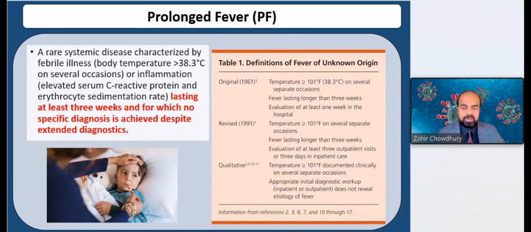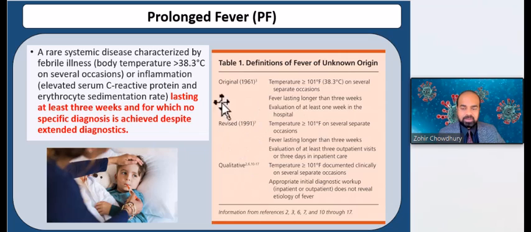Prolonged fever, or PF, is also looked at more specifically in syndromic surveillance systems. It's a rare systemic disease characterized by febrile illness, body temperature greater than 38.3 degrees Celsius on several occasions, and inflammation, elevated serum C-reactive protein and erythrocyte sedimentation rate, with inflammation and fever lasting at least 3 weeks, and for which no specific diagnosis is achieved despite extended diagnostic work.